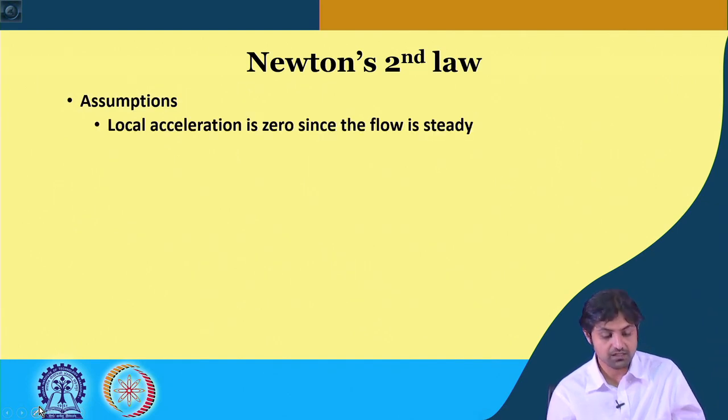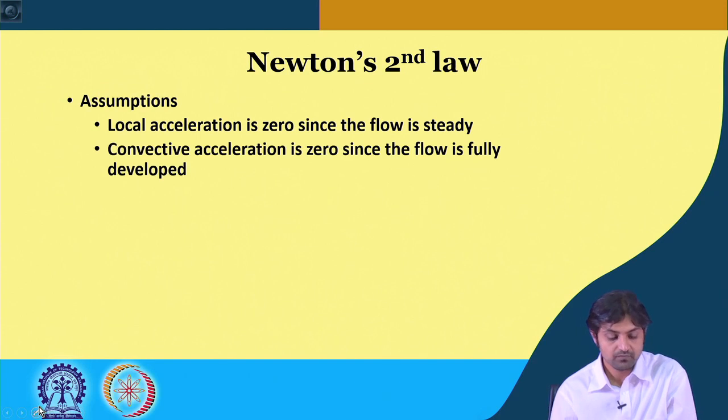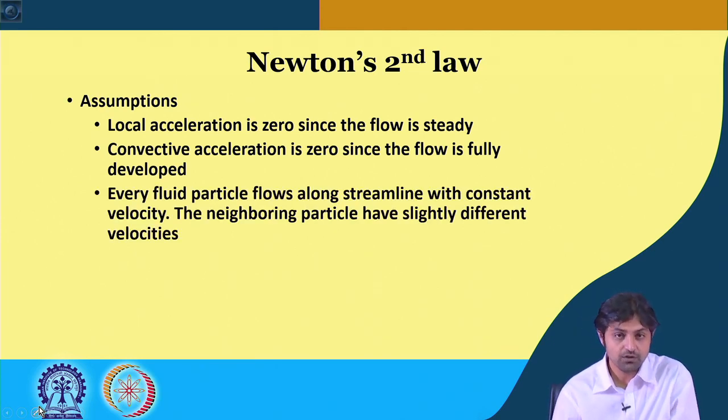So, there are some assumptions. The local acceleration is 0 since the flow is steady. We also assume that the convective acceleration is 0 since the flow is fully developed. Now, every fluid particle flows along a streamline with constant velocity.